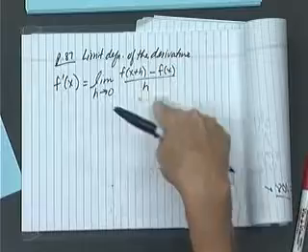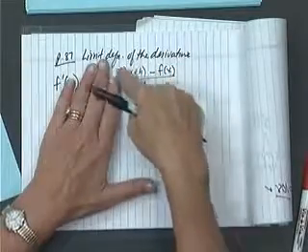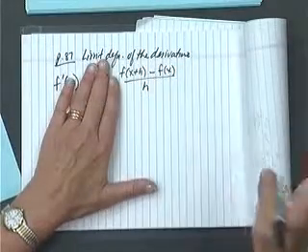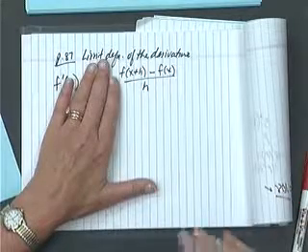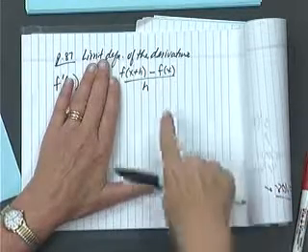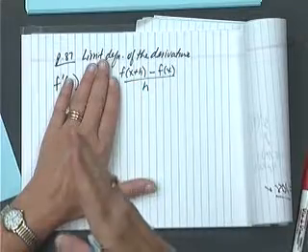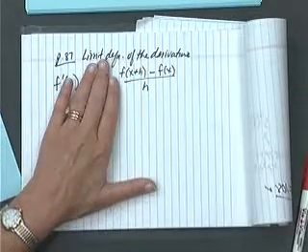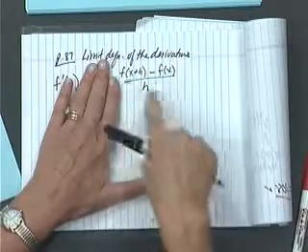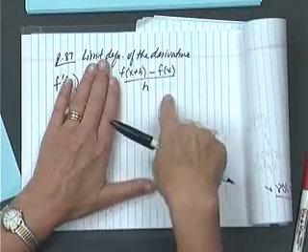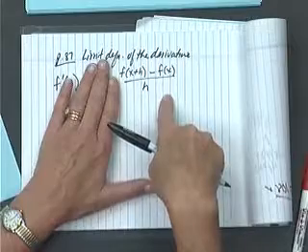What's this little part right here without the limit? The difference quotient, which was the difference between two y values over the difference between two x values. You started with your x and went over a distance of h to get to your next x value. So that's the difference in y's over the difference in x's, simplified.